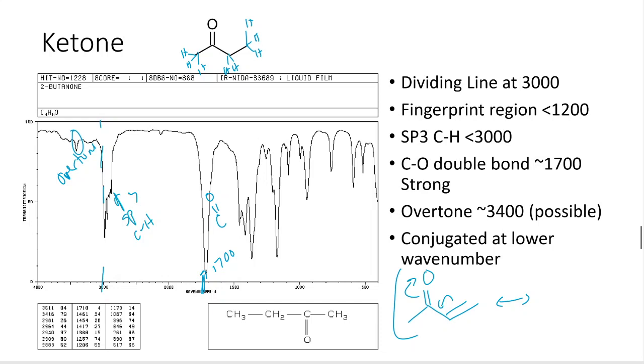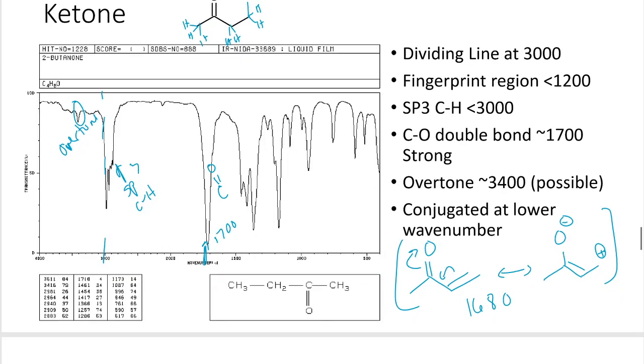In fact, we could actually draw 3 resonance structures here, but just to keep it simple, I'm going to draw this one. Because of resonance, that is going to lower the wave number where this functional group absorbs. So it may absorb at around 1680 or so. So if you have a conjugated carbonyl, it'll absorb at a lower wave number.